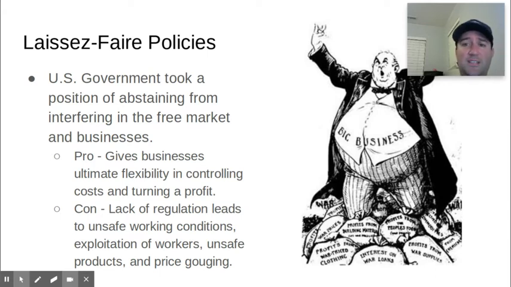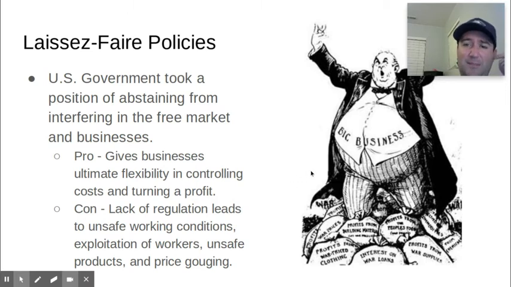So the government doesn't regulate things like minimum wage or safety regulations or consumer protection and all those things. Pretty much anything goes in this era. So businesses could do whatever they needed to do to turn a profit and control their costs and so forth.